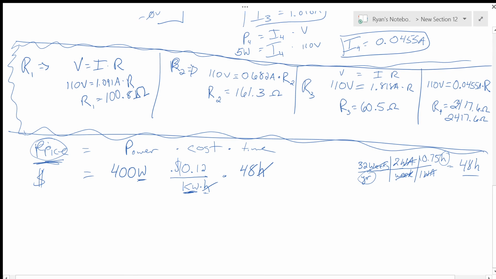Hours cancels. I don't like 400 watts. 1,000 watts is a kilowatt. So this is going to come out to 0.4 kilowatts. 0.4 is going to actually go in here. Oh, geez. Technology.